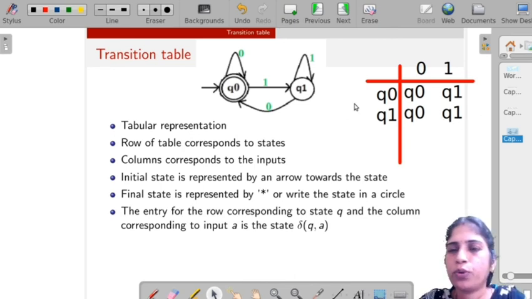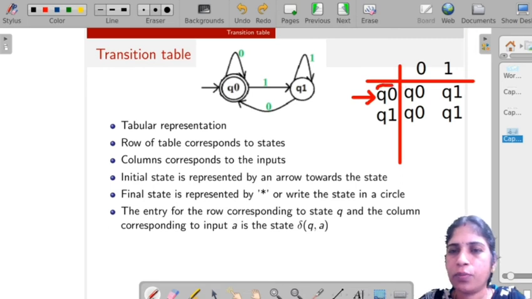Then next we have to mark the initial state and the final state. Initial state is marked with an arrow towards the state. Final state we can mark in two ways. Put a star symbol, or circle the state. Here q0 itself is the initial state and also a final state.